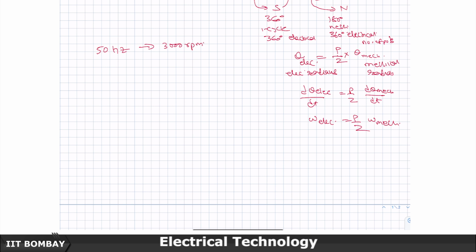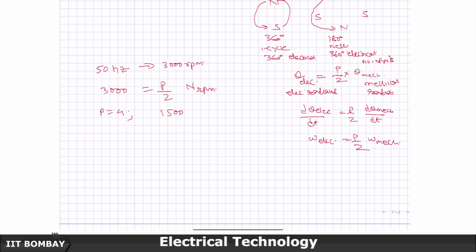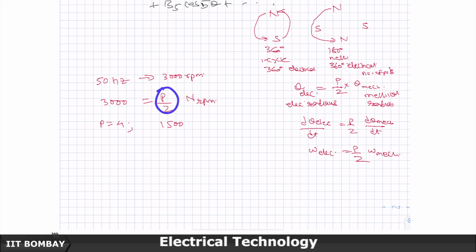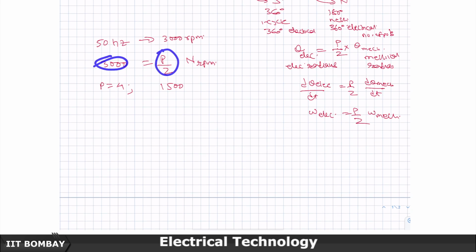So, if this is 3000 revolutions per minute, then the actual RPM n that we require, if P is taken to be 4, then it will be 1500. This comes from P by 2 being 2, so 3000 divided by 2 is going to be 1500 RPM.